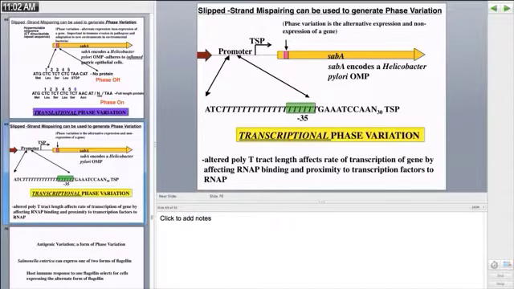Based on the length of this poly-T tract, regions upstream, which could affect transcription by binding transcription factors, are now moved further away or perhaps pulled closer to the RNA polymerase binding site, the promoter site. And so they either turn up the transcription slightly or turn it down slightly.